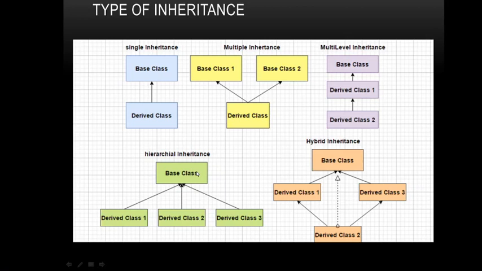Hierarchical inheritance means there will be some hierarchy. It is again very commonly used inheritance. It is a very real-time inheritance. For example, if we want to design software for an organization, hierarchical inheritance must be used there. Even in a university, suppose there is a hierarchy.